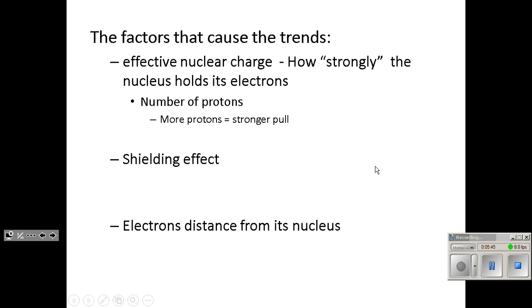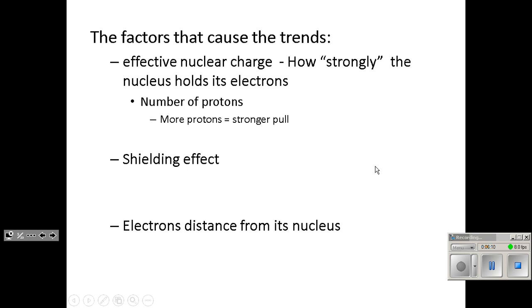So it's like if you're in a concert and you're in the 7th row, but there's a bunch of people sitting in front of you with great big heads, and you can't see around their heads. So you're being blocked from the performer. So when you have electrons in the outermost energy levels, they're being blocked from the effect of the nucleus by all of the electrons that are coming before them.